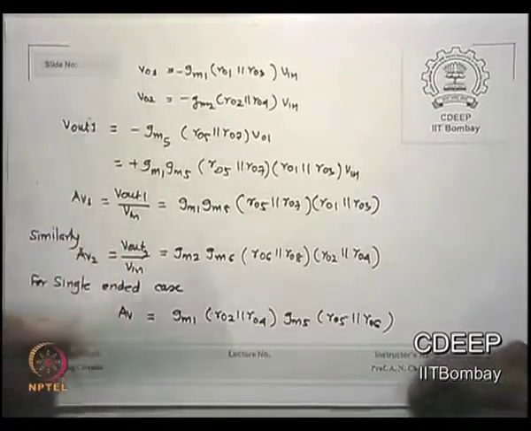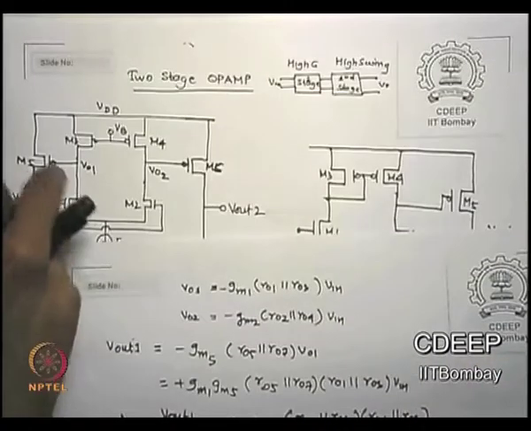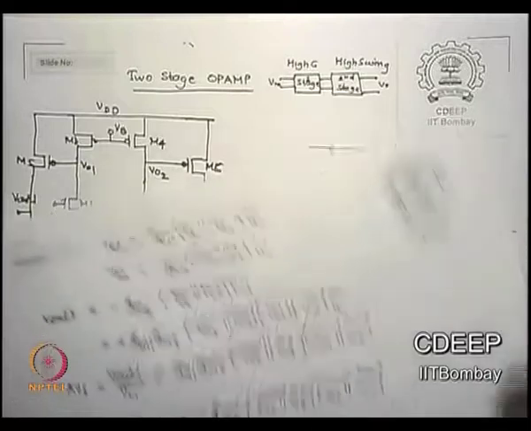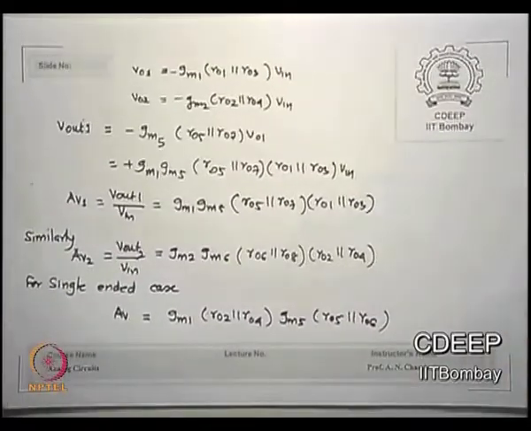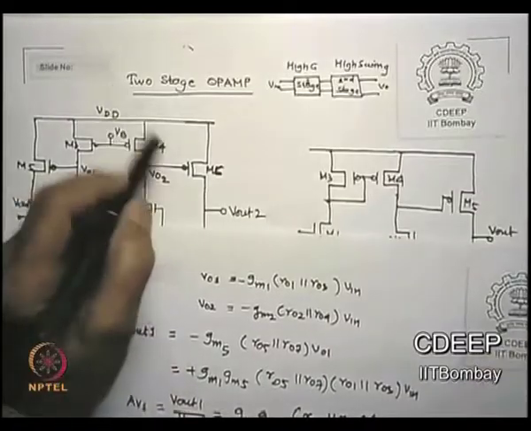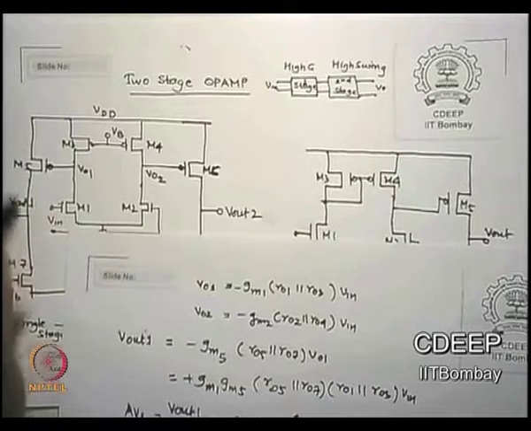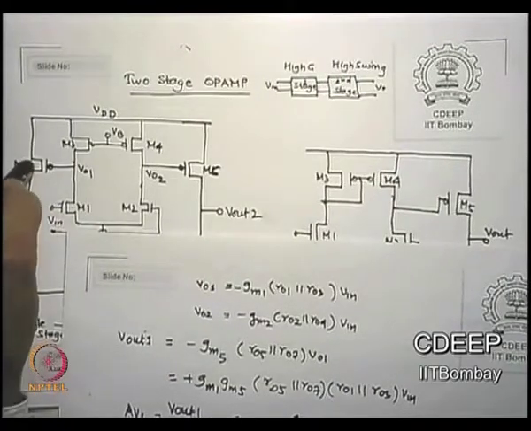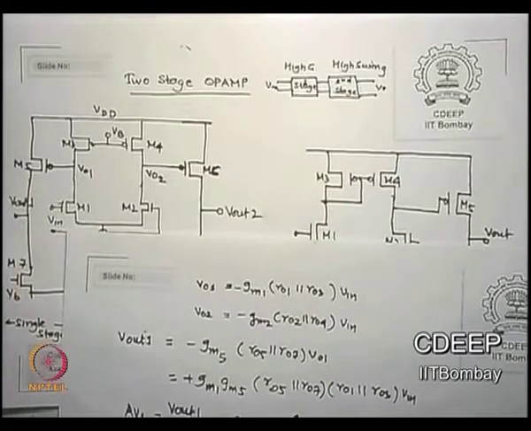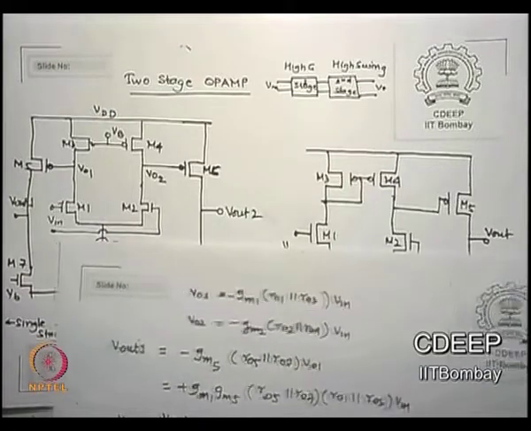For the DFAM, first VO1 and VO2 will be gm1 times ro1 parallel ro3 into Vin, and VO2 will be minus gm2 times ro2 parallel ro2 into Vin. If gms are equal and ros are equal, the corresponding gm and ro terms will appear. Then what is Vout? Vout1 has VO1 as the input, and that is gm5 into the parallel combination of ro5 and ro7.